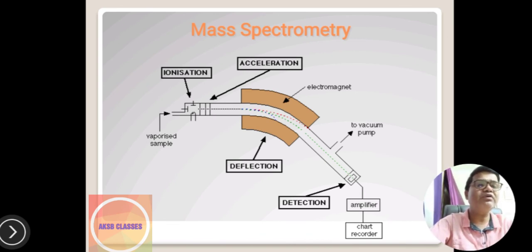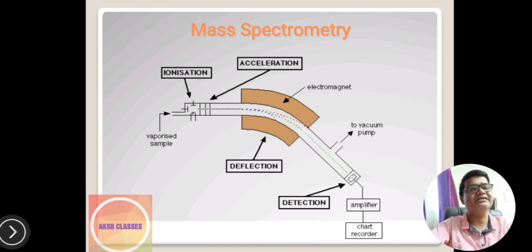Due to the presence of different energy and different mass, when the proteins are in a charged state, that is in an ionic state, they attain either a positive or a negative charge in the presence of the laser beam and high heat.